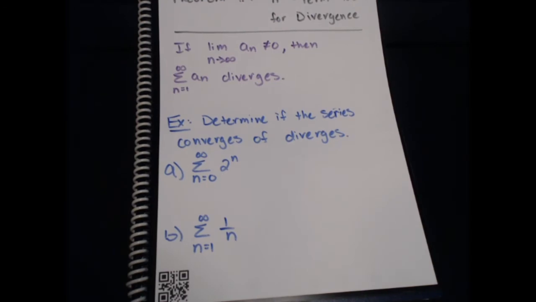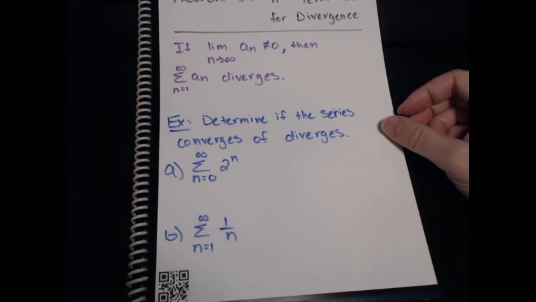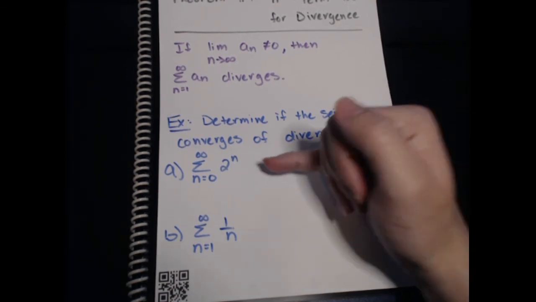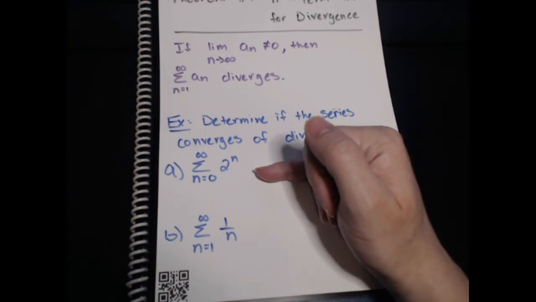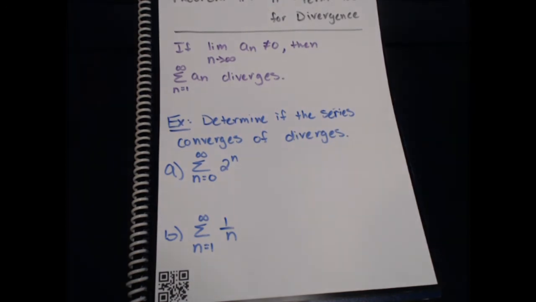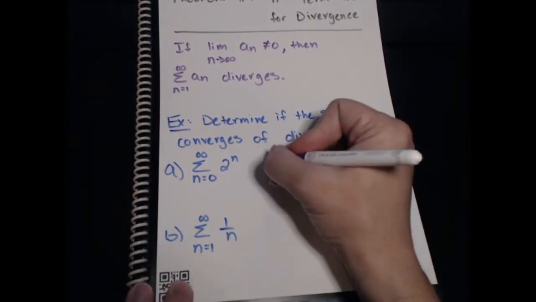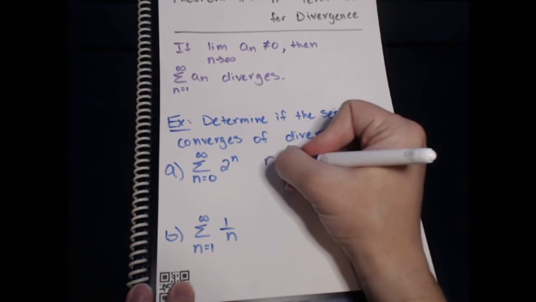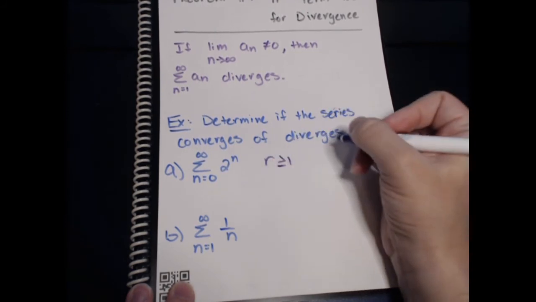Okay, so this is one of those things where you can use both properties again. So you can use the geometric thing? Right, you see this, and you could do the nth term test, but you could also go, hey, my r value is greater than or equal to 1.